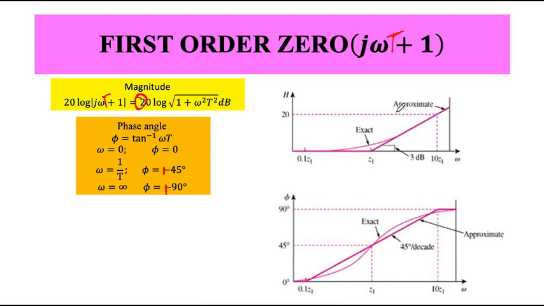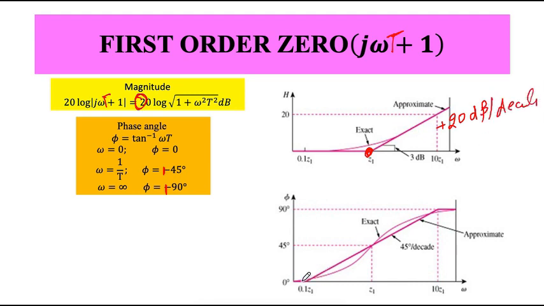Something like this. The magnitude plot would just be the same, right? If I draw the asymptote magnitude plot using the same technique, I am assuming both are meeting at the corner frequency. Again at low frequency I have 0 dB magnitude. At higher frequency it's a line with a slope of positive 20 dB per decade.